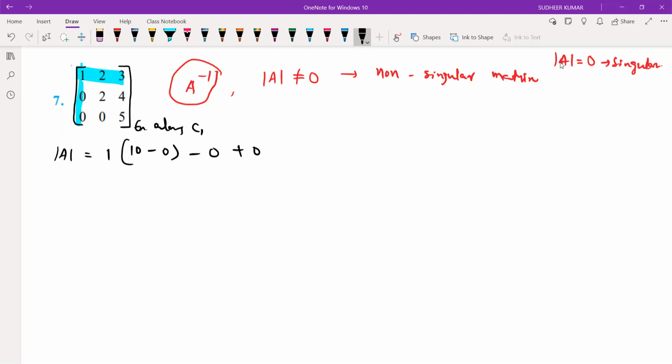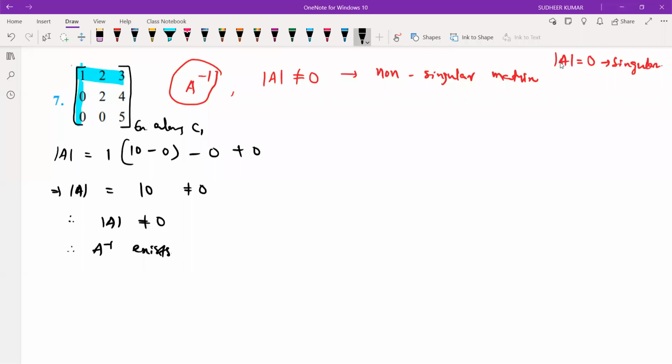So the result is det A equal to 10, which is not equal to 0. Therefore, det A is not equal to 0. It is a non-singular matrix. So, A inverse exists. Right? Yes, sir. A inverse exists.